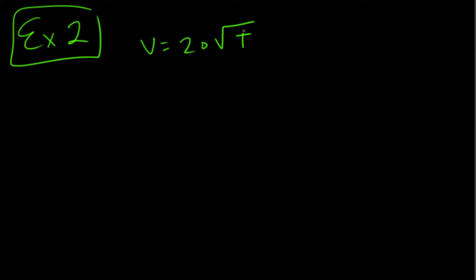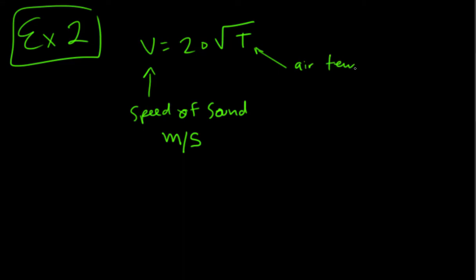So v is the speed of sound in dry air, in meters per second, as a function of air temperature, T. So T is air temperature, and that's in Kelvin.